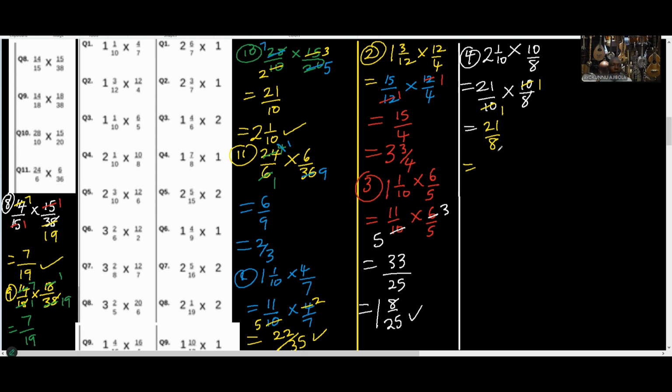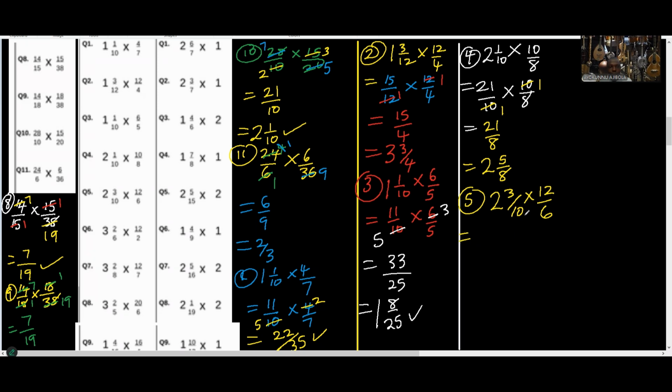So how many 8s can I see here? That's 2, which is 16. So 21 minus 16 gives us what? That's 5 over 8. Then number 5, we have 2 whole 3 over 10 times 12 over 6, and 12 over 6 is already 2.